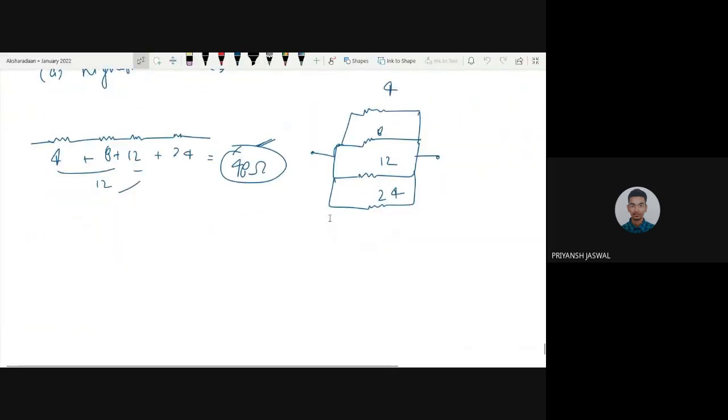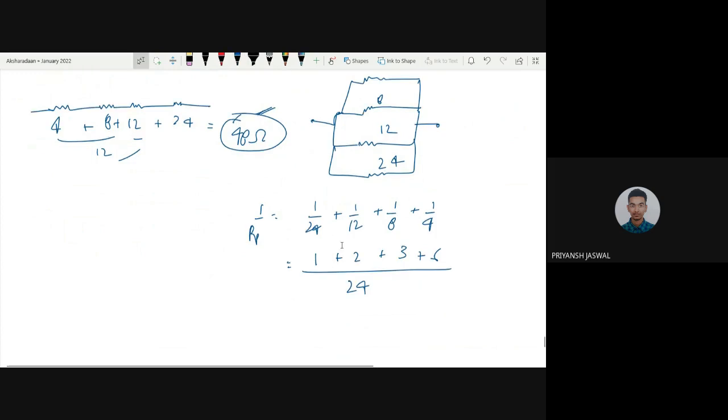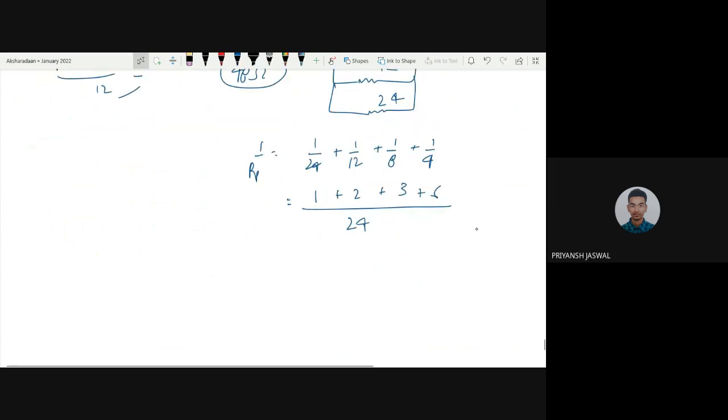So here the resistance will be 1 by R total equals 1 by 24 plus 1 by 12 plus 1 by 8 plus 1 by 4. The LCM is 24: 1, 2, 3, 6, that is 6 plus 3 is 9, 9 plus 2 is 11, 11 plus 1 is 12. So it is 12 by 24, which is 1 by 2.